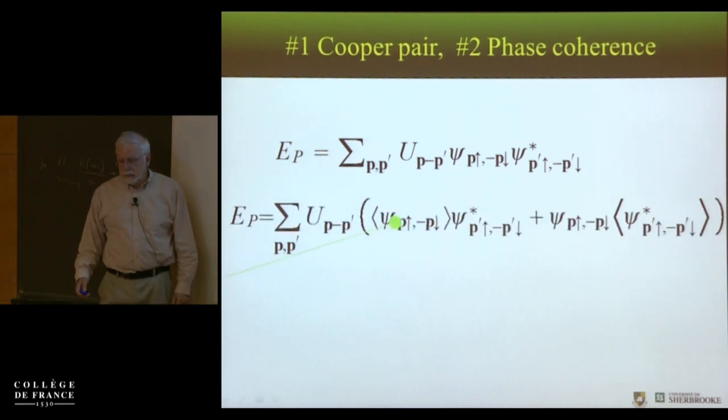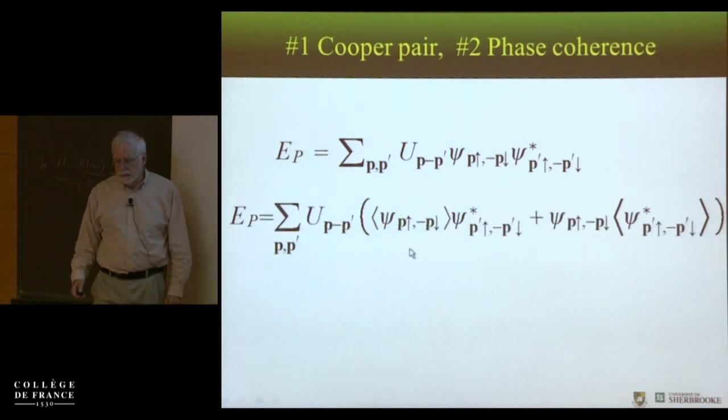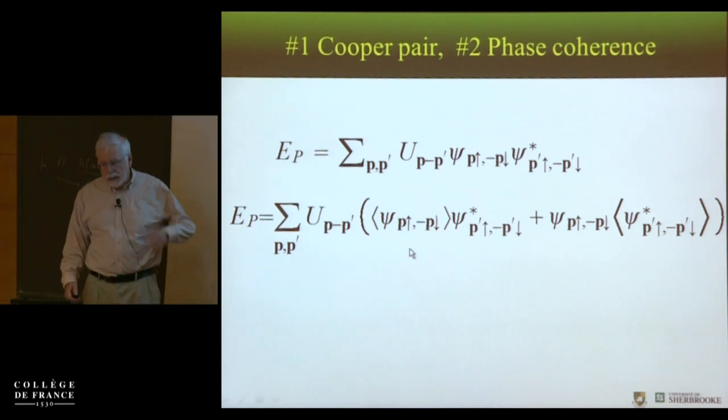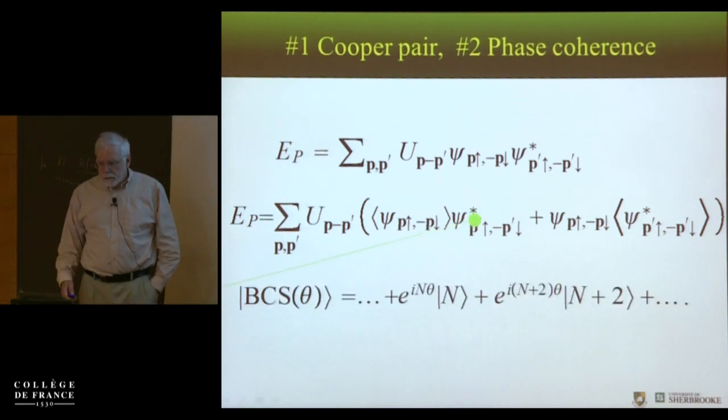So BCS is basically the mean field theory of this, at least of the kinetic plus potential energy. Because this does not conserve particle number, wherever you put the pair, whichever value of P or P prime, it has the same phase.